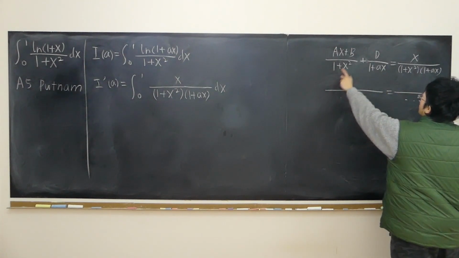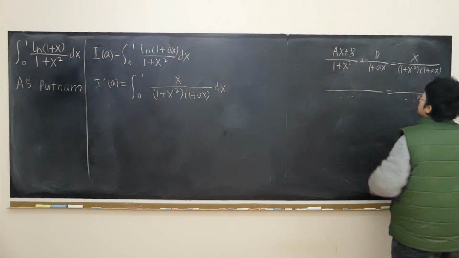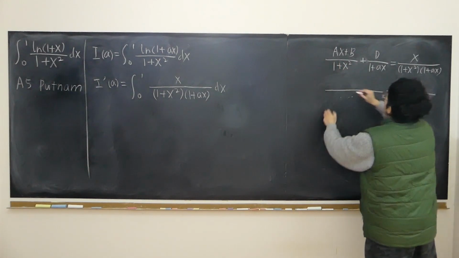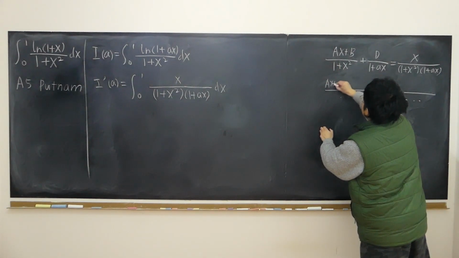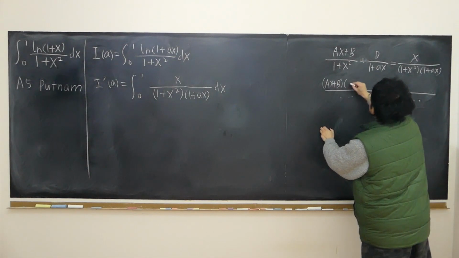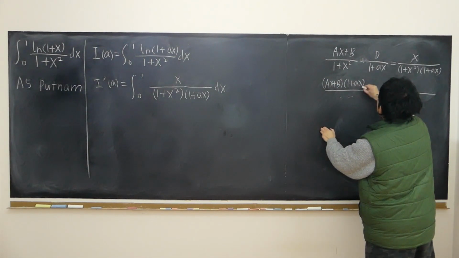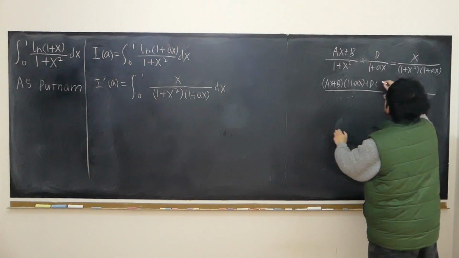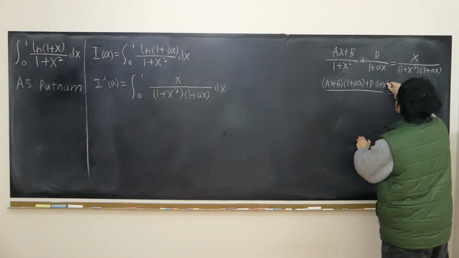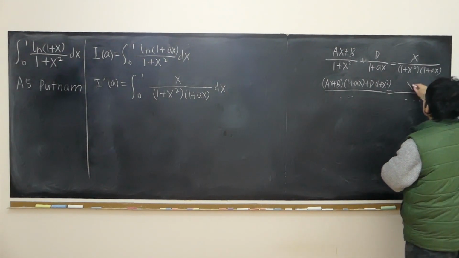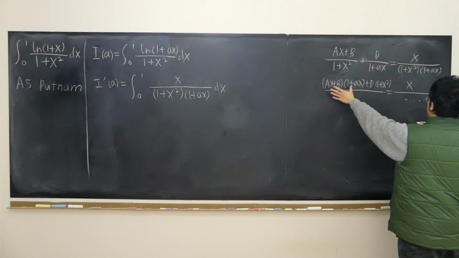So we have this times that, this times this. So capital A x plus b times 1 plus ax plus d times 1 plus x squared. And we simply expand this one.